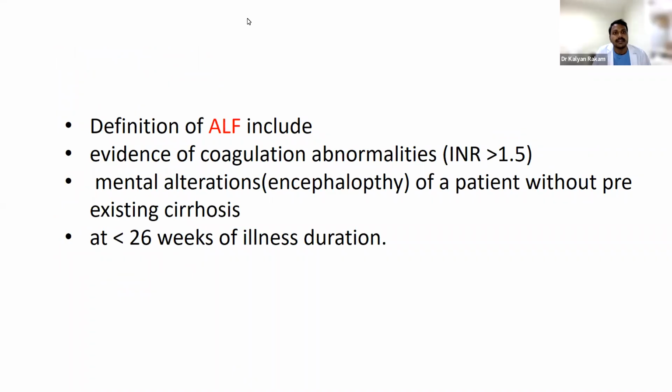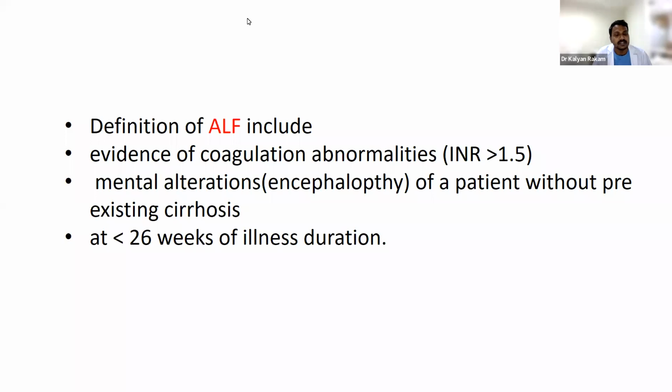Thank you, ma'am. Yes. So the definition for ALF includes evidence of coagulation abnormalities with INR greater than 1.5 and altered mental status, that is encephalopathy, in a patient without pre-existing liver disease. There should not be any pre-existing liver disease. There should be new onset coagulopathy and altered mental status in a patient who doesn't have a pre-existing liver disease.